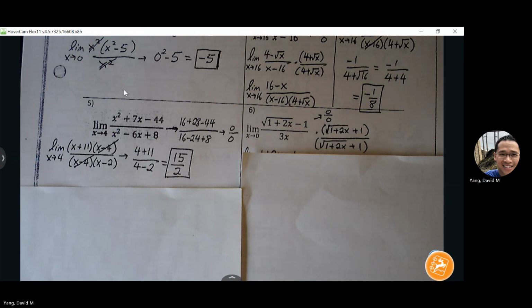The conjugate method applies to the whole numerator. It's not just the square root. Yeah, it's got to be the entire numerator. Because this is kind of like A, and that's my B, so I need to figure out something that is the conjugate of those two terms. So it's going to be A plus B.